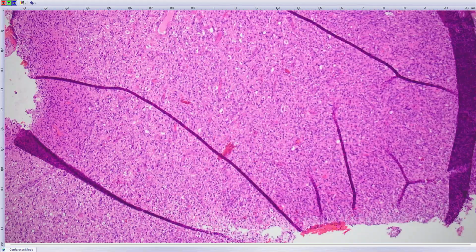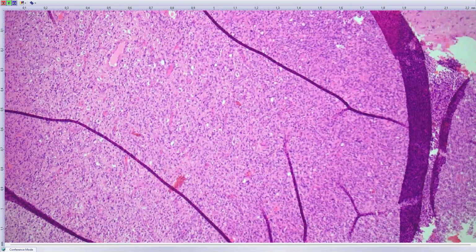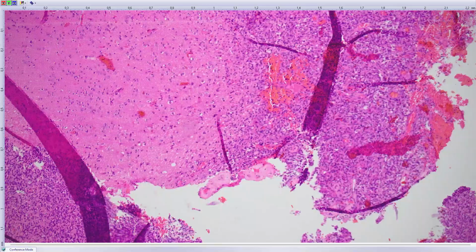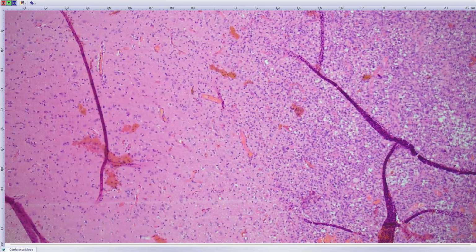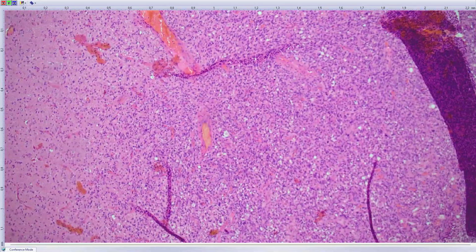Their differential is whether it could be some kind of malignant meningioma or some kind of glial tumor, glioblastoma, or sarcoma, or whatever. And we can see brain parenchyma here, and the tumor is obviously here.